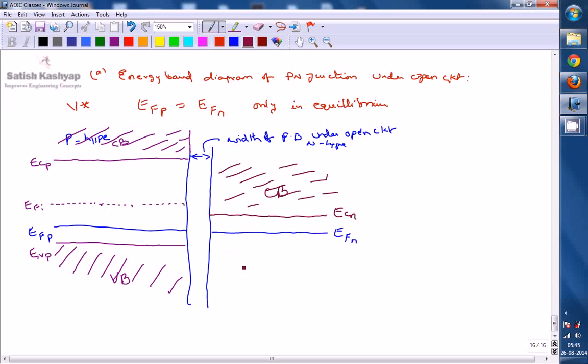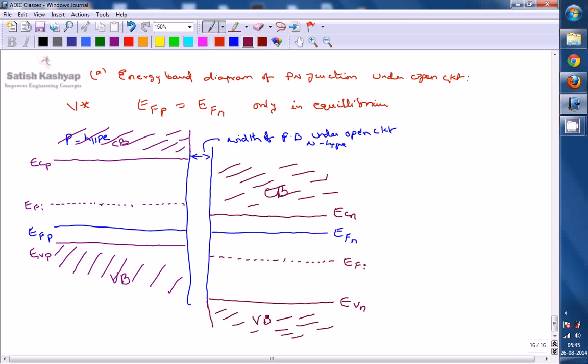If this is the conduction band, the valence band will be very much below this one, so it is EVN, and below this it is treated as the valence band. And this is the intrinsic semiconductor's intrinsic Fermi level, EFI.